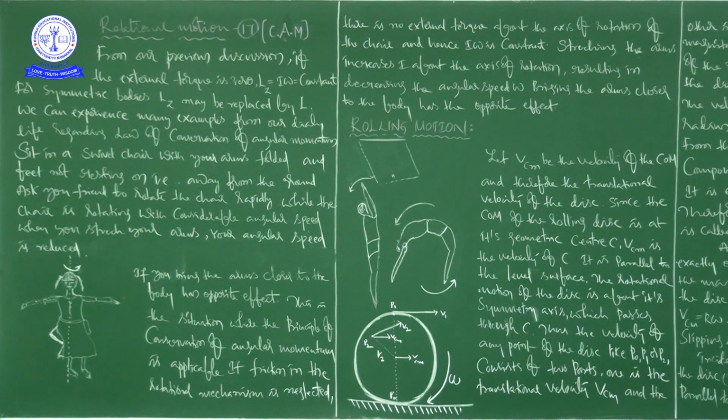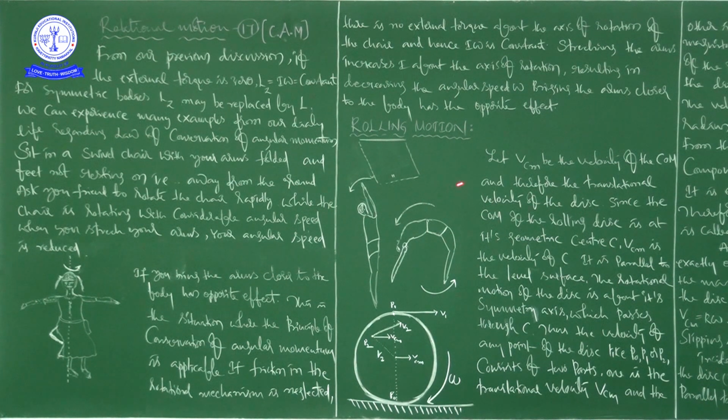One acrobat employing the principle of conservation of angular momentum in her performance. See here, he is getting the advantage of the principle of conservation of angular momentum when he is performing that stunt.